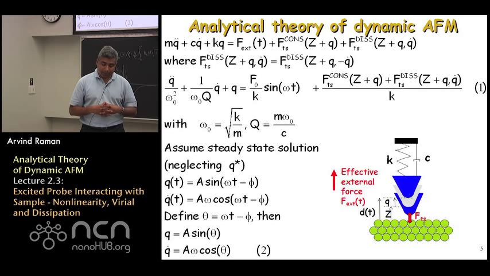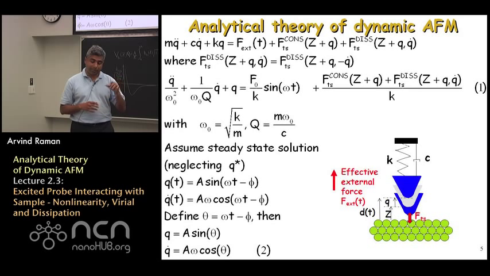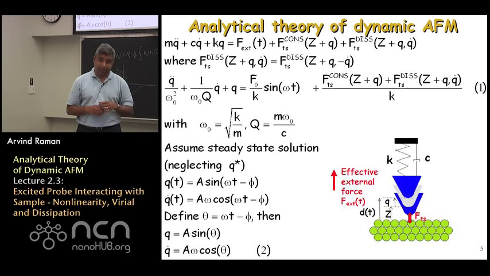So what we do here is we assume a steady state solution, q, the tip displacement, equals A sine(omega t minus phi), and the velocity q dot then is going to be A omega cosine(omega t minus phi). We're, for the moment, neglecting q star, which is the steady deflection of the tip under the interaction forces, mostly because this tends to be much smaller compared to the oscillation amplitudes. And we're going to define a new variable theta, which describes the progression of time.